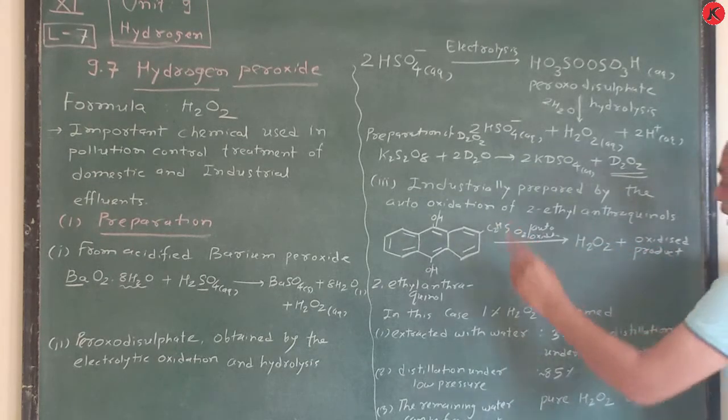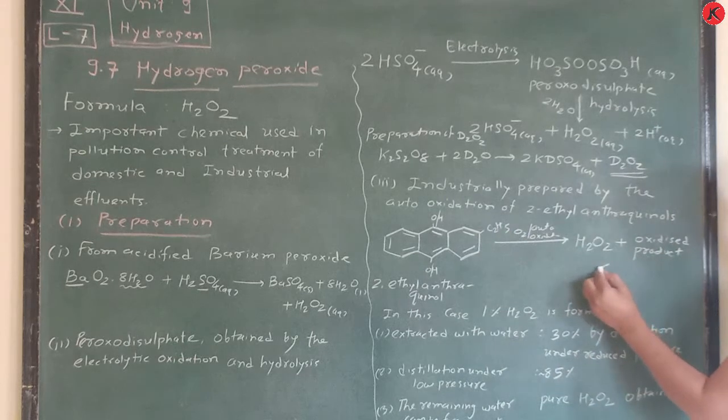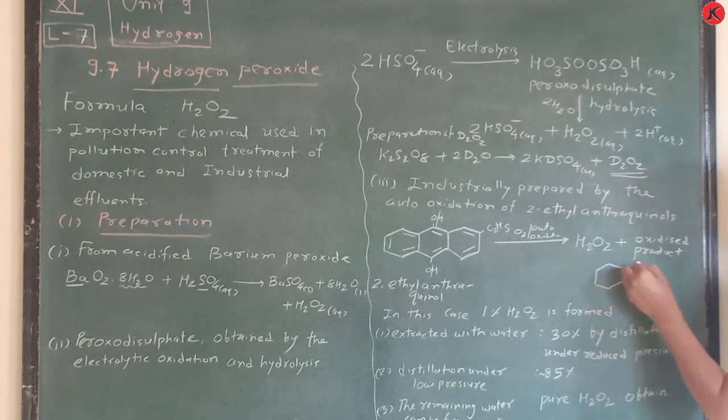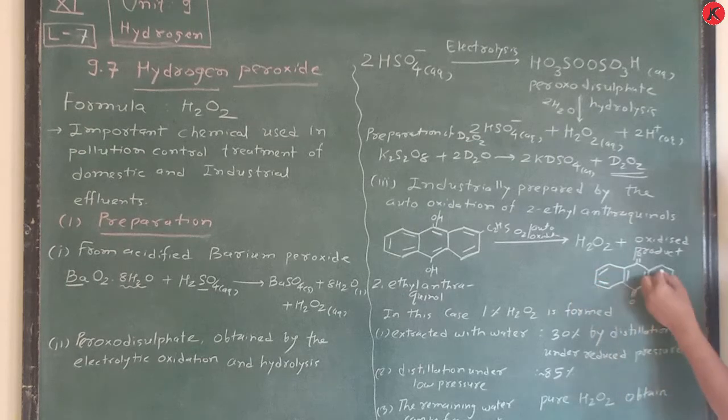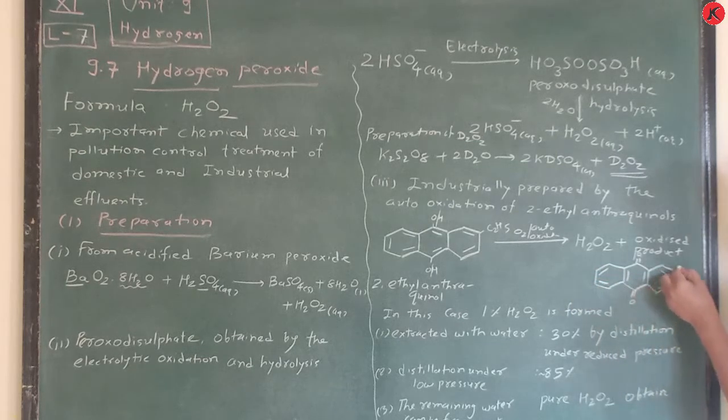If you want to write this product, you write it according to the product obtained: double bond O here, double bond O here, and C2H5 here.